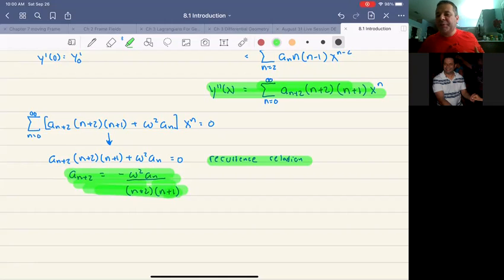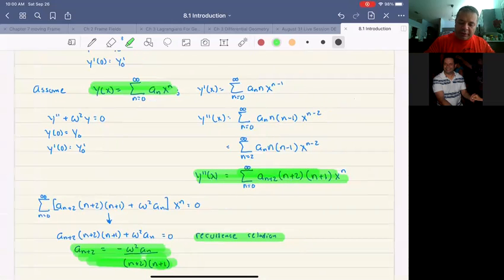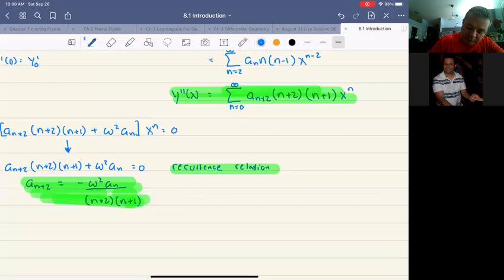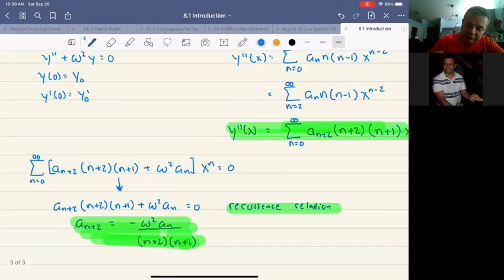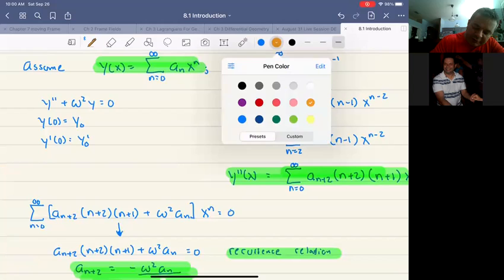Okay, now we're going to construct our solutions from that. Again, let's take a look at our y of x. Oops, our y of x is up here. Let me write it down here, in orange.